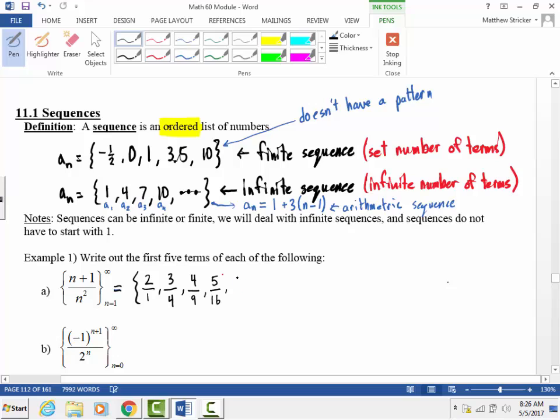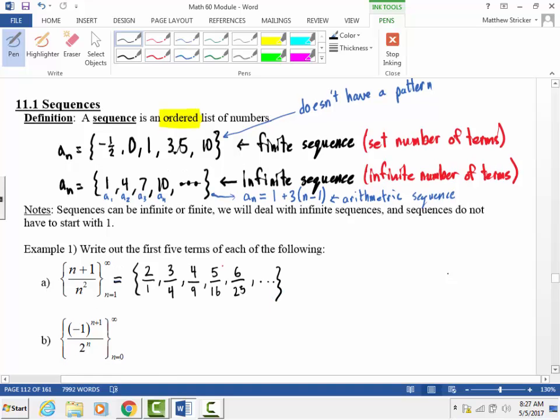Next one, 6 over 25. And do we stop here, or are there only 5 terms? Infinite number of terms, right? So, dot, dot, dot. Okay. Everybody all right with that? All right. You guys try B. Write out the first 5 terms, please.